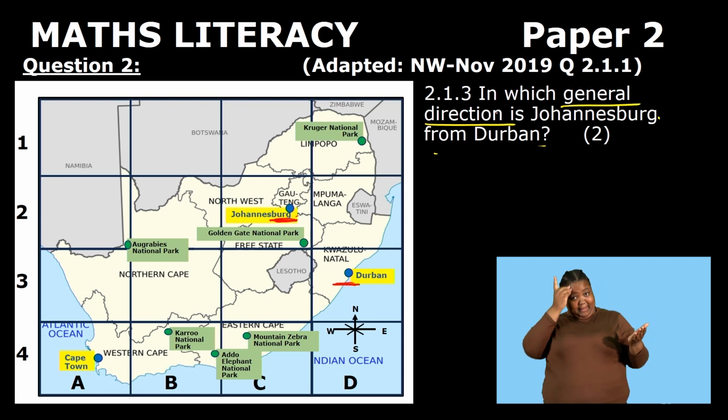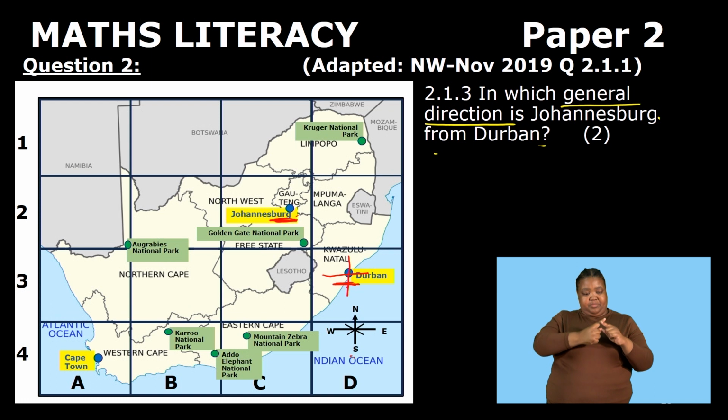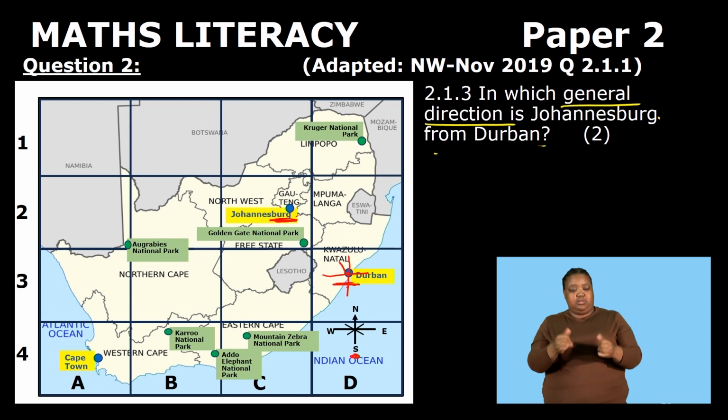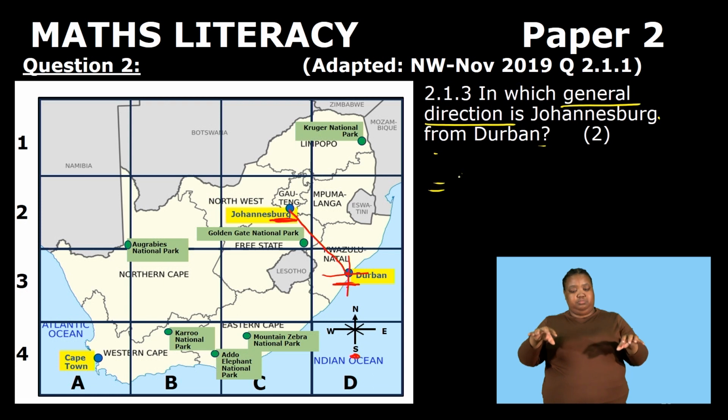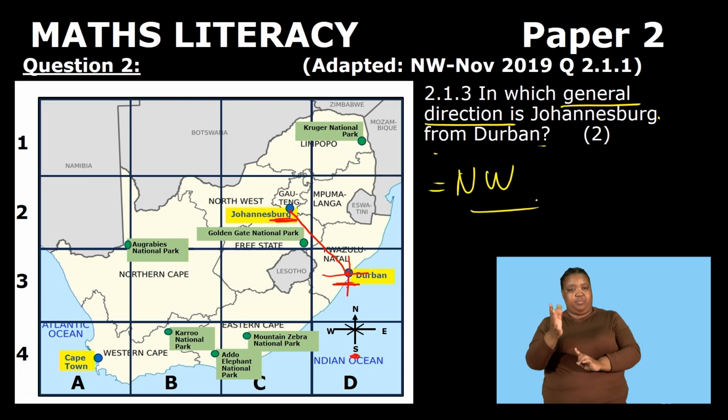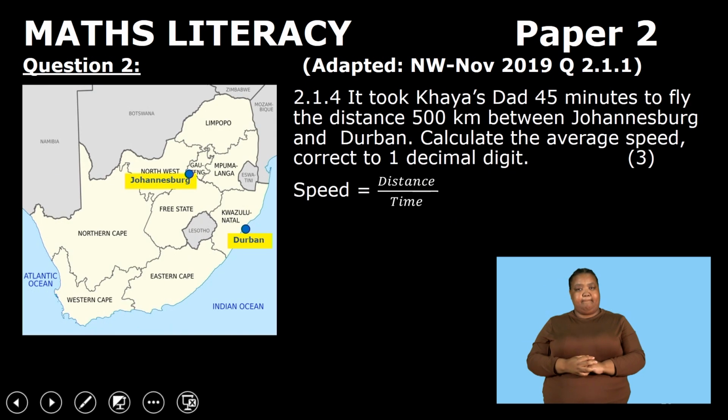If the question says in which general direction is Johannesburg from Durban, it means here is where you are, this is Durban. I'm going to draw a cross to represent my general direction. I'll draw a line going straight to Johannesburg. So now the general direction would be northwest.